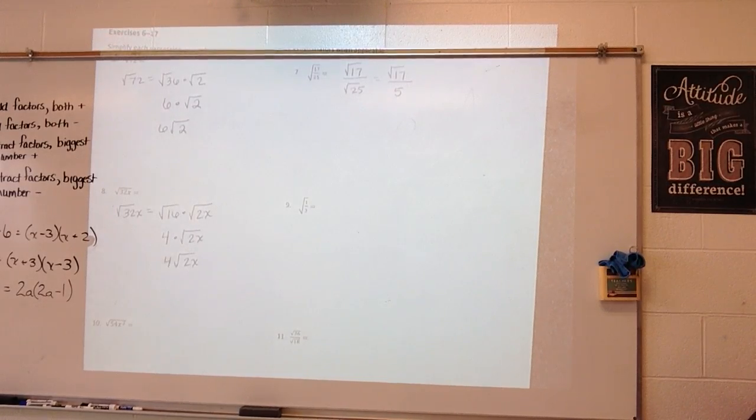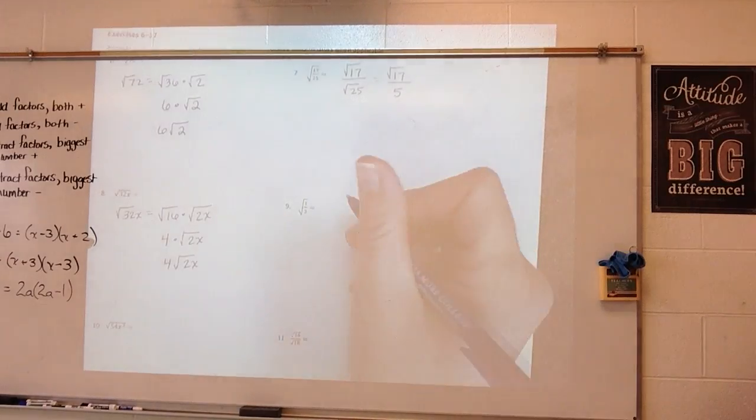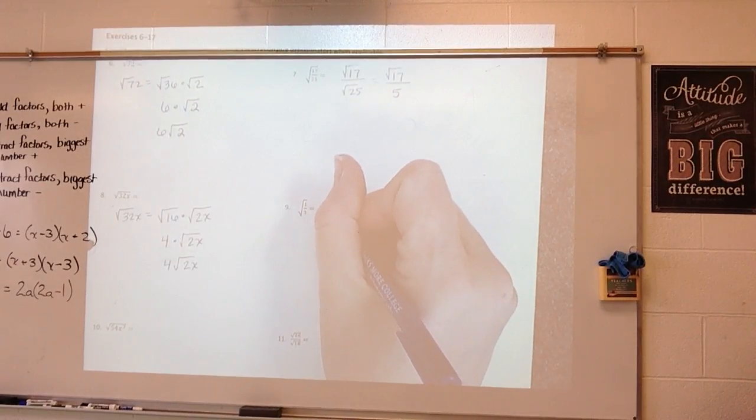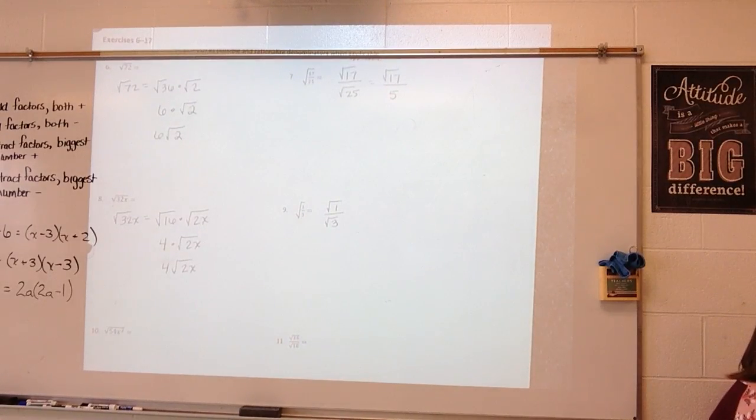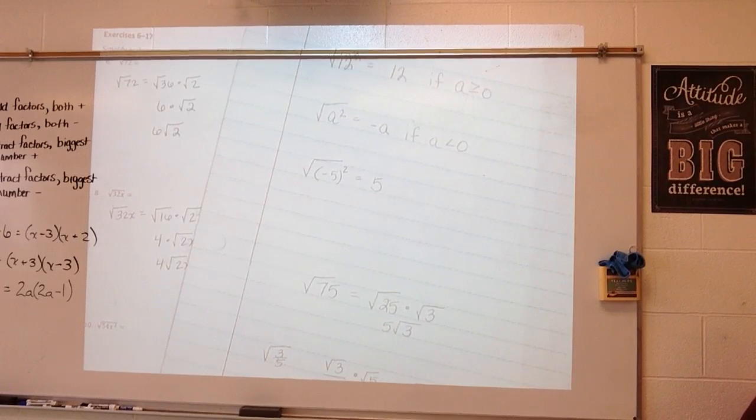Looking at number 9, square root of 1/3. So I'm going to break it up. With this one, there's not anything I can do, so I want to find an equivalent radicand just like we did here.